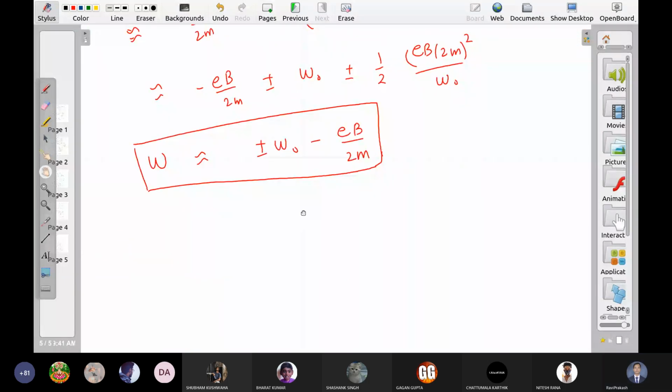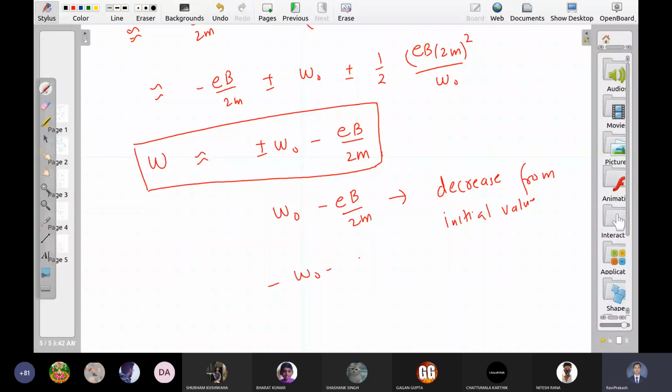One answer is omega naught minus eB upon 2m, means decreased from the initial value, and the other answer is minus omega naught minus eB by 2m, increase and change its direction. So which answer is correct in this case? इस केस में कौन सा आंसर करेक्ट है?